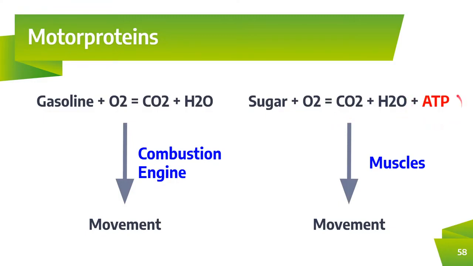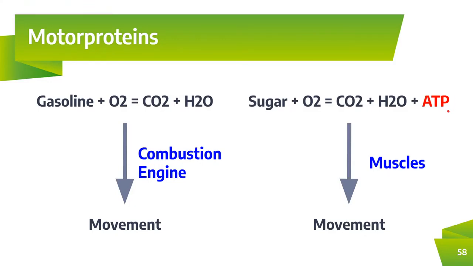Because we have to eat food, we breathe oxygen and we exhale CO2. And water is produced, also heat. And for us, mainly what's interesting is ATP. ATP is basically the energy currency of the cell we can use for many types of processes.